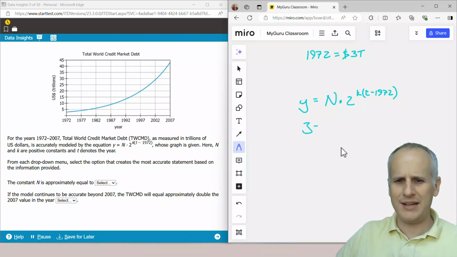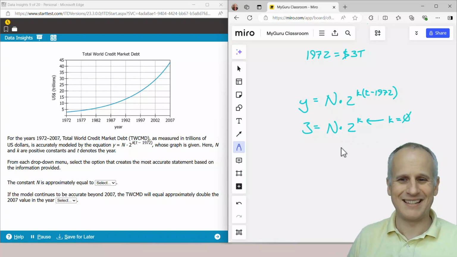So we know that 3 is going to be equal to n times 2 to the k, because 1972 minus 1972 is just 0. And at this point, I recognize that the only way that I'm going to have a 3 come from a base of 2 is that k has to be equal to 0, because then I get 1, which means that my n has to be equal to 3.